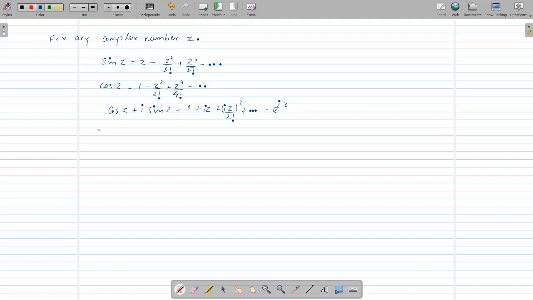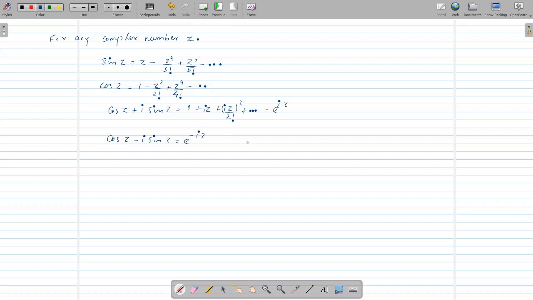So this shows that for all complex numbers z, e raised to iz equals cos z plus i sin z. So from this you can write cos z minus i sin z equal to e raised to minus iz.